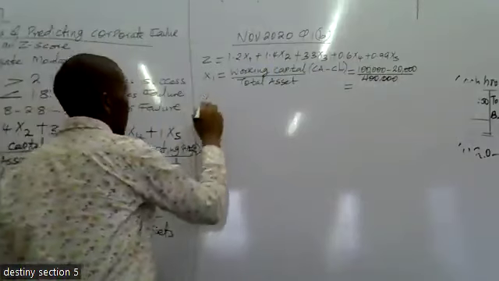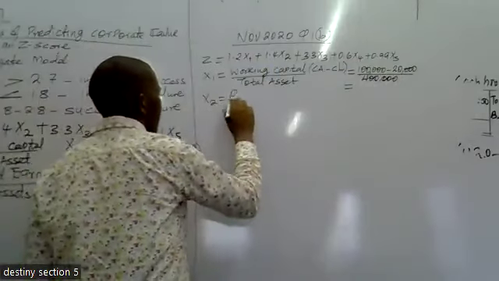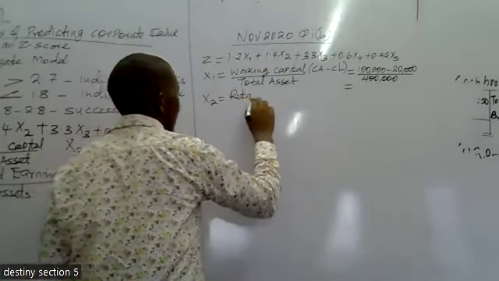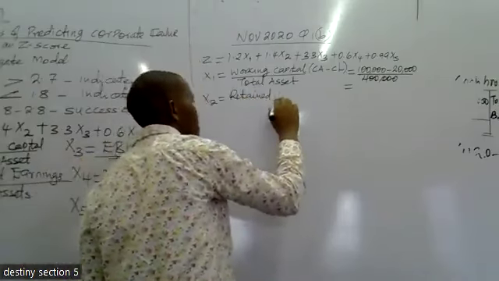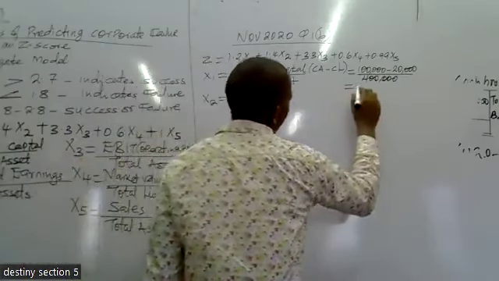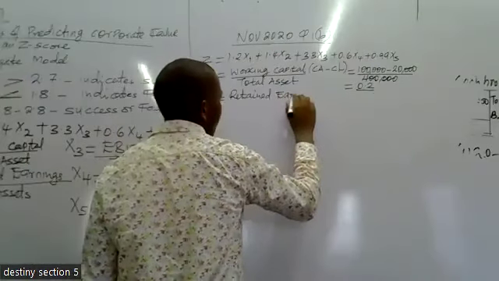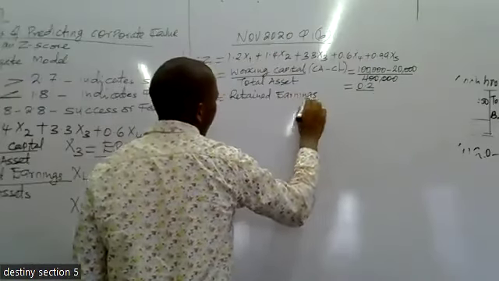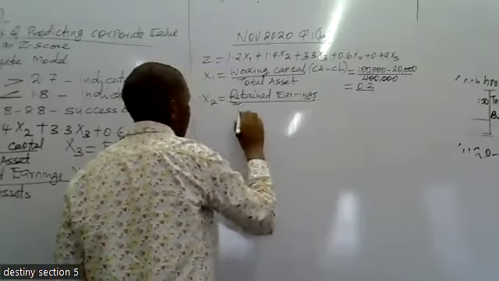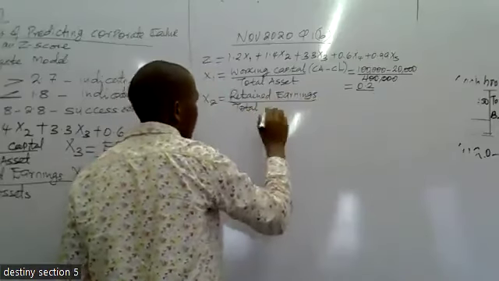That is giving you 0.2. Get X2, which is retained earnings. You divide by the total assets. What was our retained earnings?